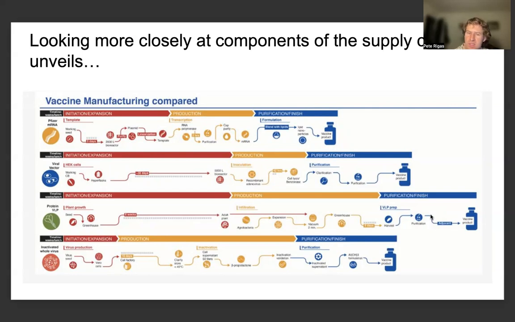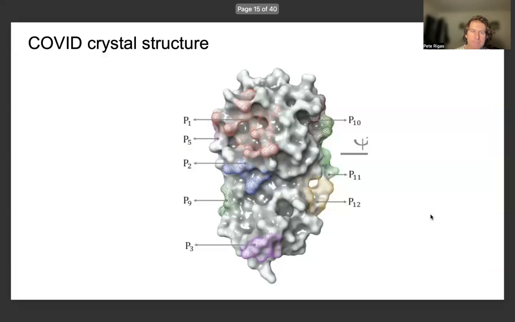Each one of the stages has a production, a purification and a finish stage, but all of these stages, in terms of the operations and the supply management of the vaccine chain, differ depending upon the stage during which other purification and other linearization as preparation has to be done on plasmids. So it's a variable stage for any one of these manufacturing protocols.